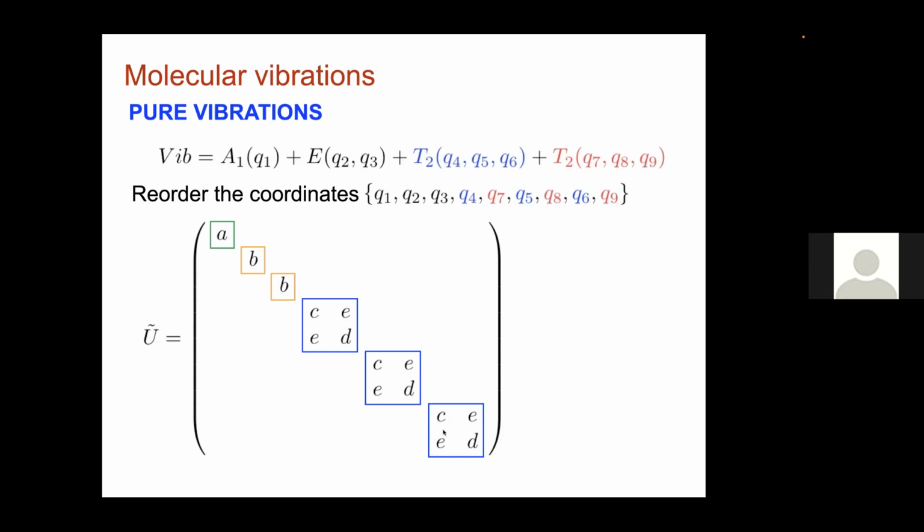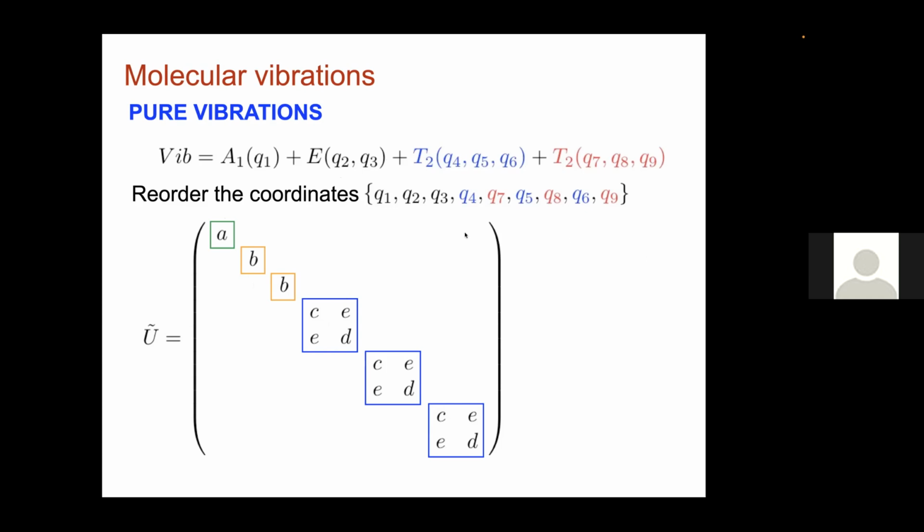You must have, for each representation, a matrix whose size is equal to the multiplicity of the representation. These two have multiplicity 1, so they correspond to 1 by 1 matrices. And the dimensions are reflected into a repetition of the block. This has dimension 2, so this appears twice. This has dimension 3, this appears 3 times.